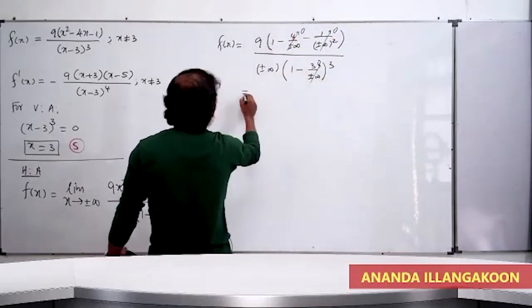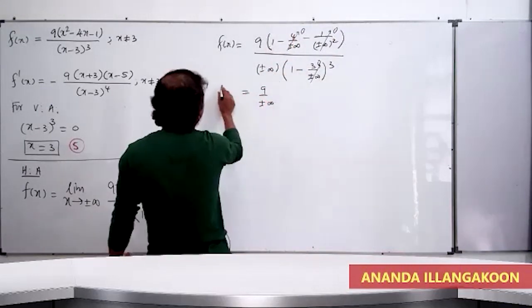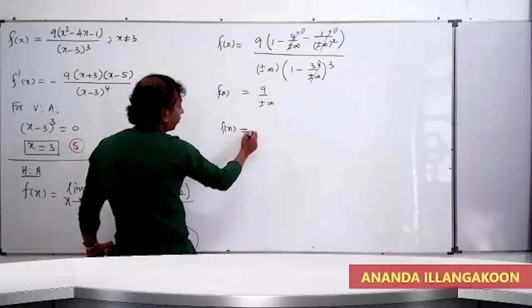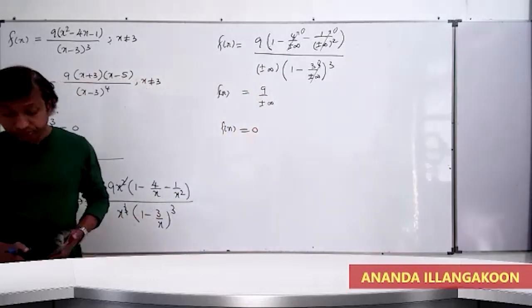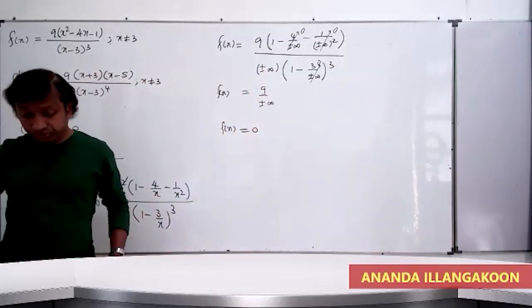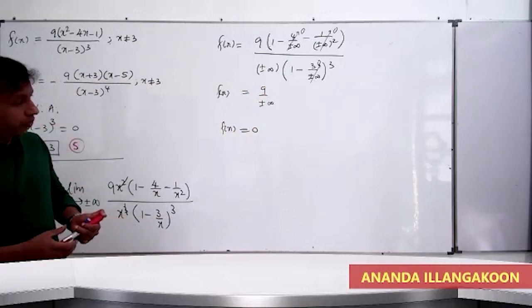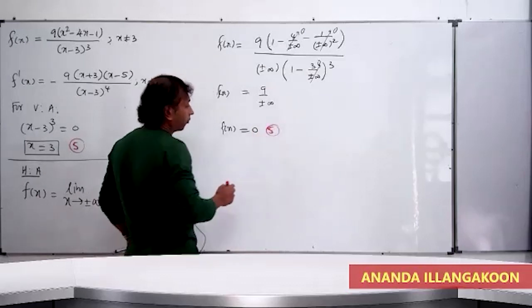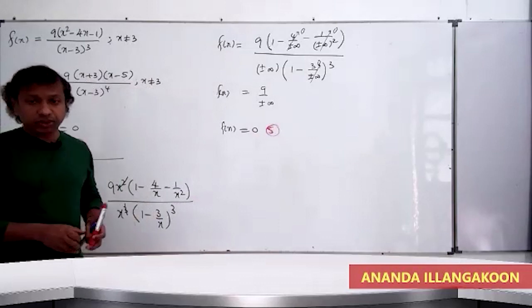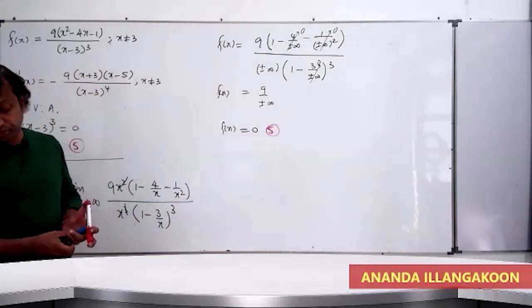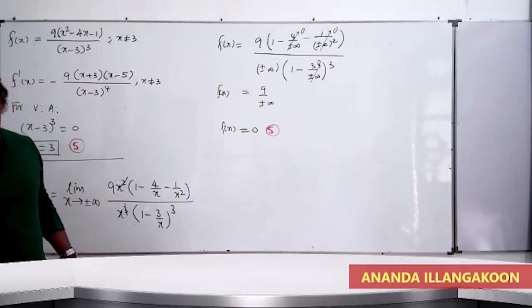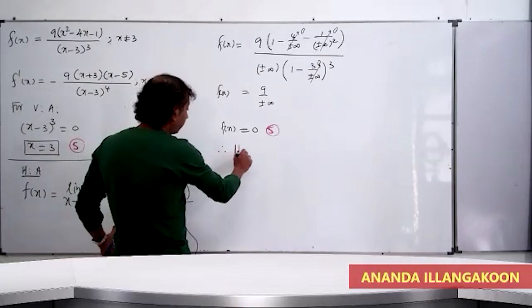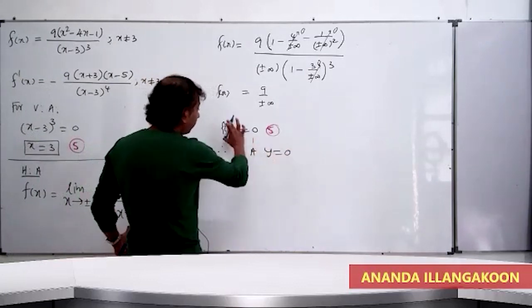Numerator 9 divided by plus or minus infinity is 0, so f(x) is 0. For this, 5 marks. The horizontal asymptote is y equals 0, because f(x) is y.